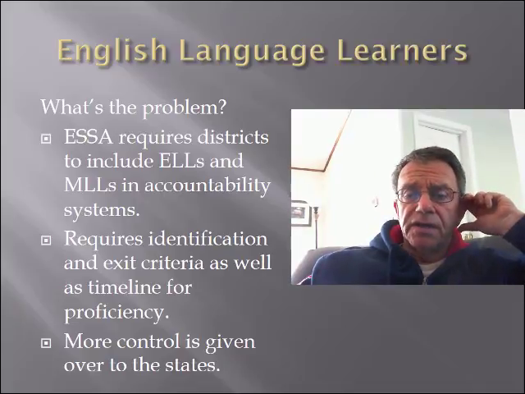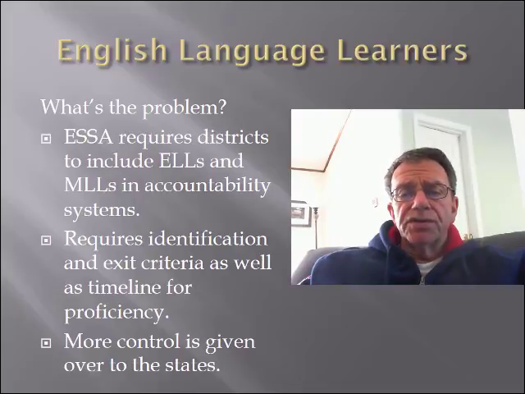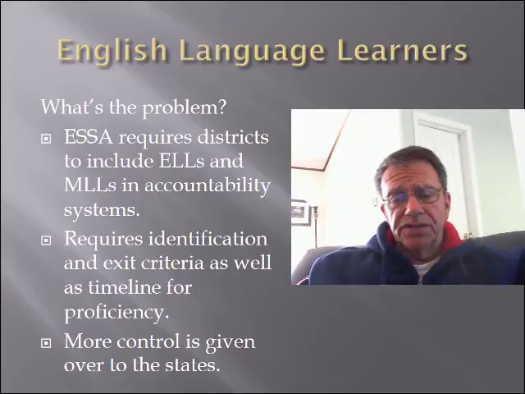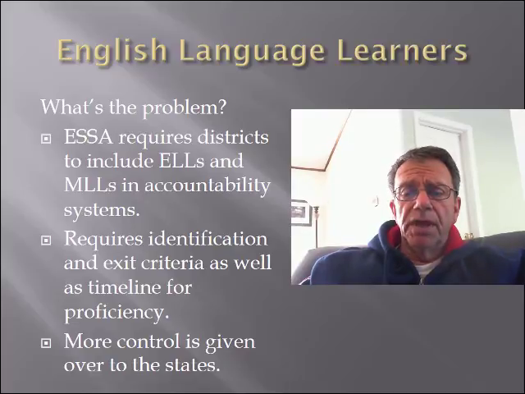ELLs are identified. ESSA still requires districts to include ELLs and MLLs in accountability systems. They also require identification and exit criteria as well as timelines for proficiency. So you just can't place kids into your program and let them flounder.